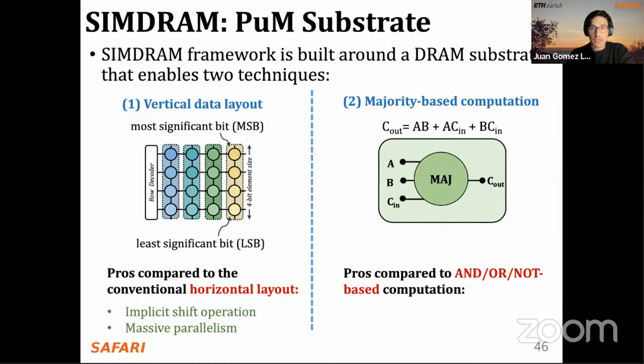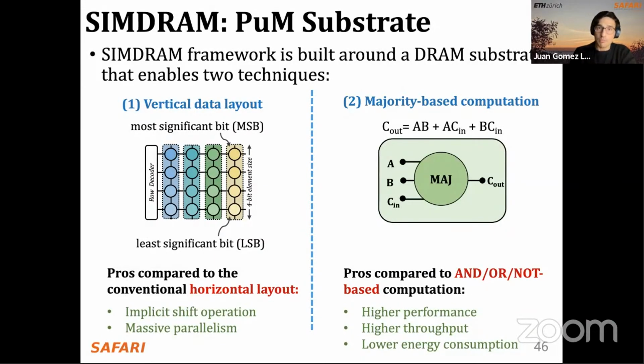In this work, we can take advantage of the fact that the majority plus NOT set is also functionally complete. Instead of using AND, OR, and NOT, we are going to use majority and NOT, which also provides higher performance, higher throughput, and lower energy consumption in this specific DRAM substrate, because the native operation in Ambit is not AND or OR. The native operation is the majority operation.